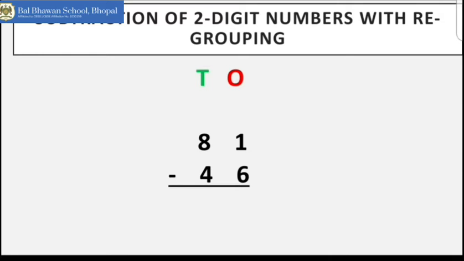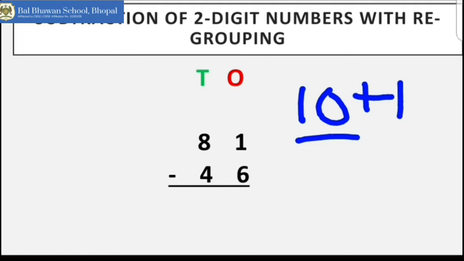So this 1 becomes 10 plus 1, that is 11 ones.